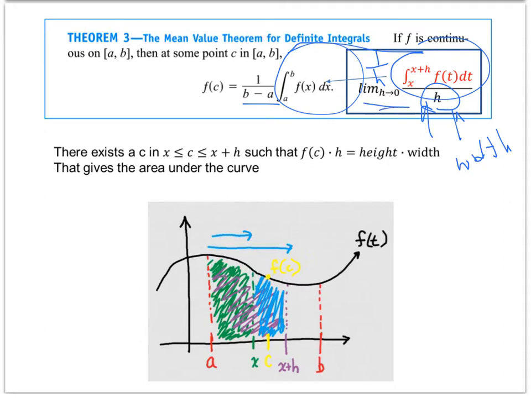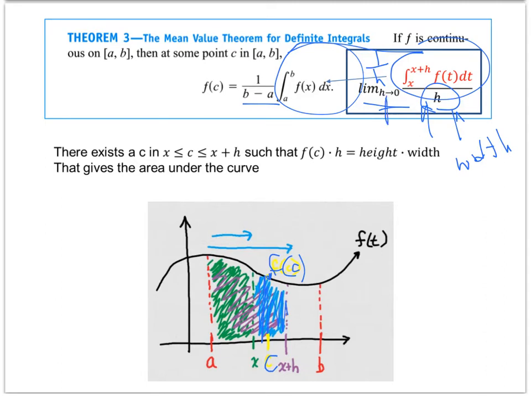But the difference is, my mean value theorem said if I have some interval here, and in this case my interval has to be within here, I can find a c somewhere in that interval that gives this average height by evaluating the function at f of c.